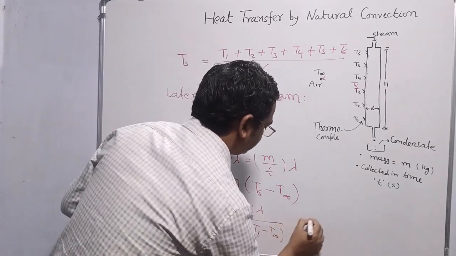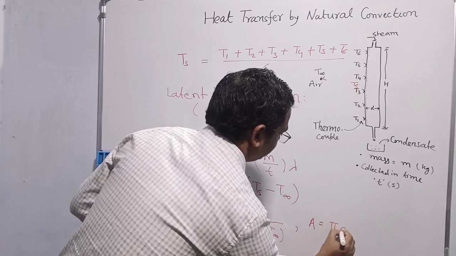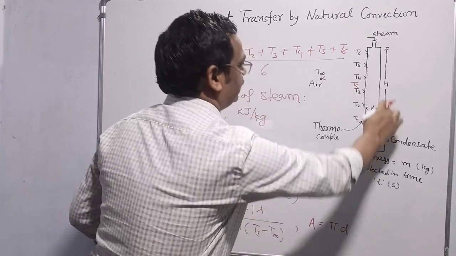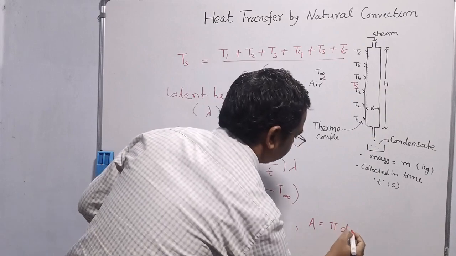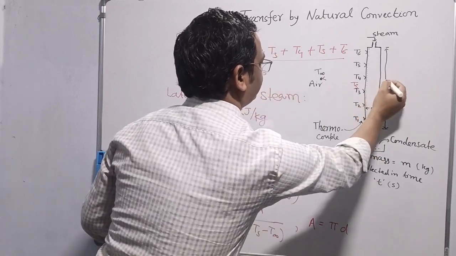Area is surface area, pi d into length. Length is small h.